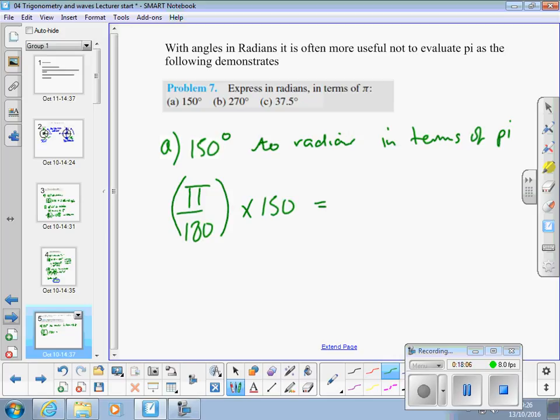If you've got your calculator set up how mine is, it'll give you an answer like this. And that's what it's looking for. 5/6 pi radians.